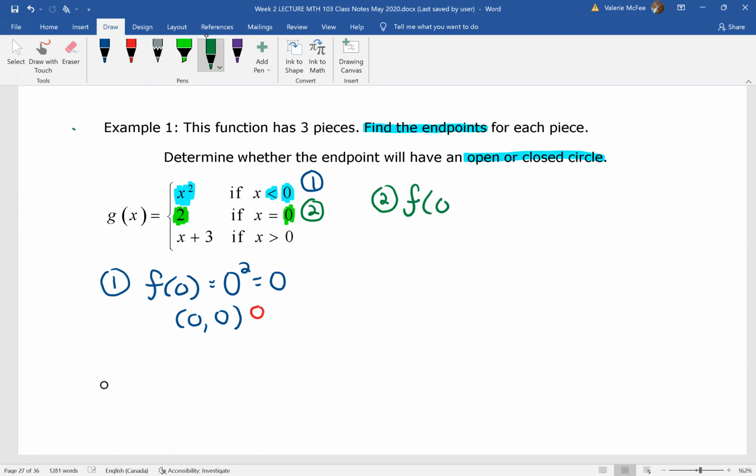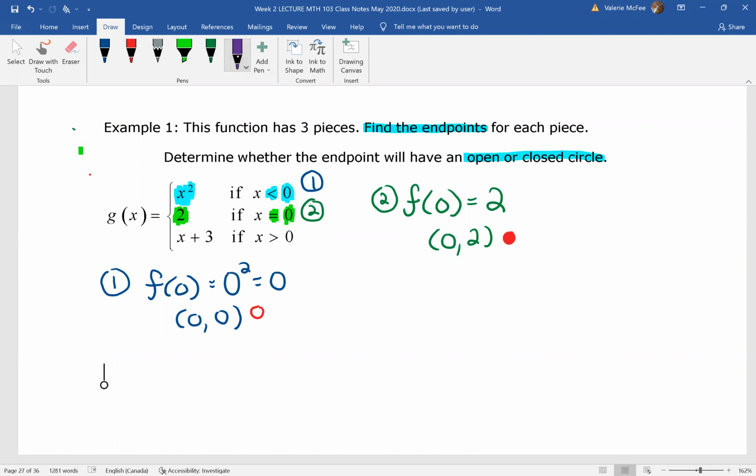We see there's no x in that equation. The f of 0 simply equals 2. When x is 0, y, or the f of 0, equals 2. Will we use an open or closed circle? Well, we can see this is an equal sign. That means that we're going to use a closed circle on this point.